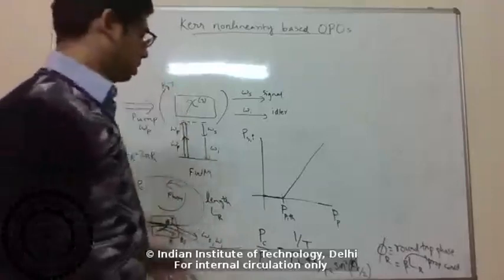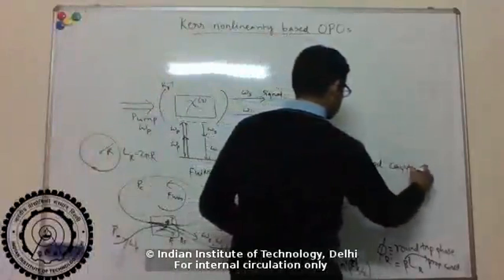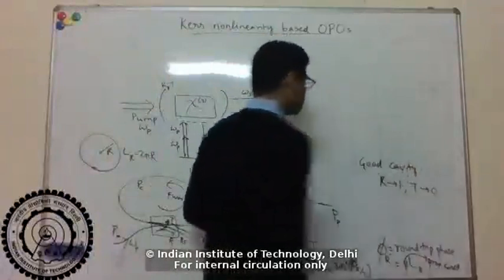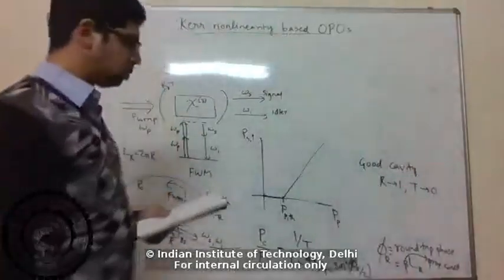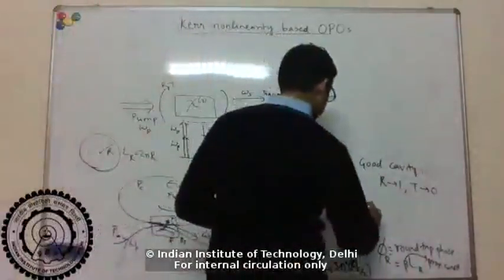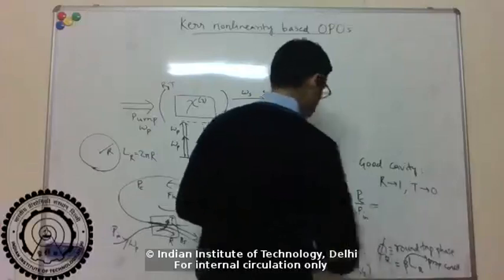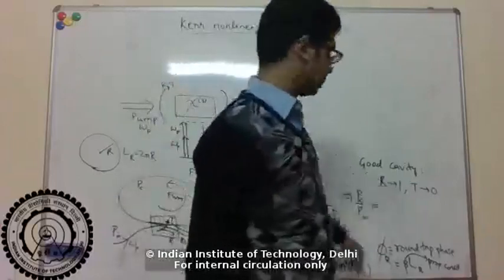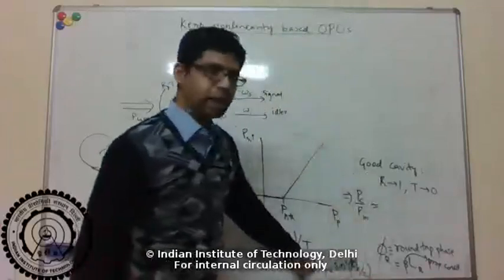So for a good cavity, this reflectivity has to be almost 100%. So basically we can just replace R by 1 here.